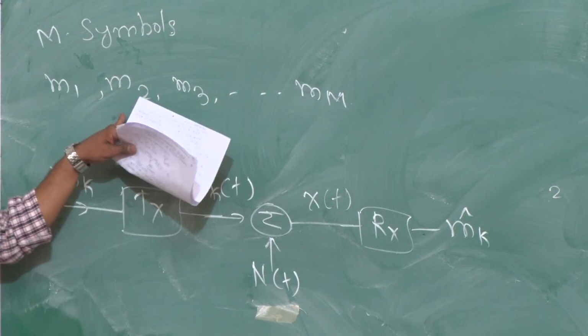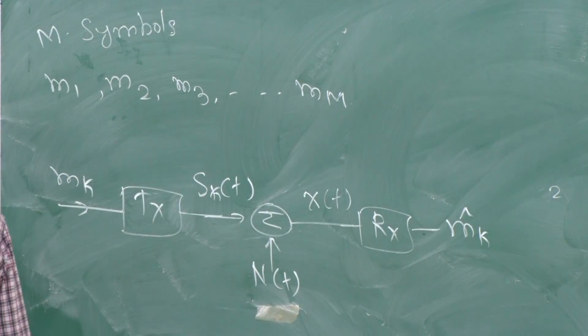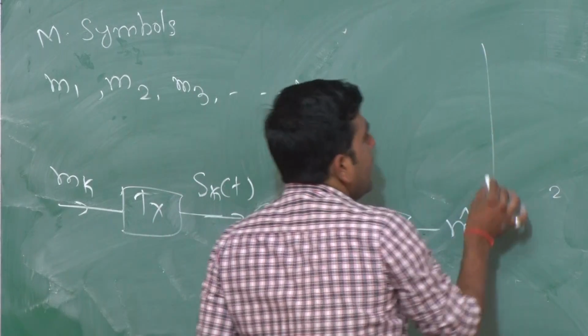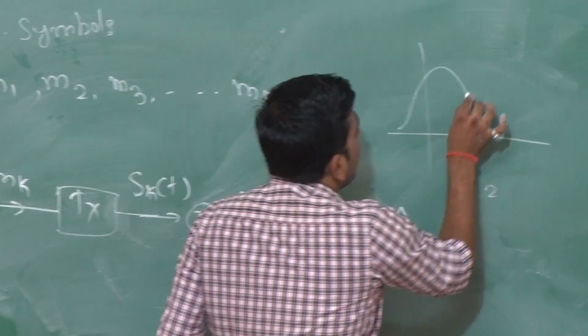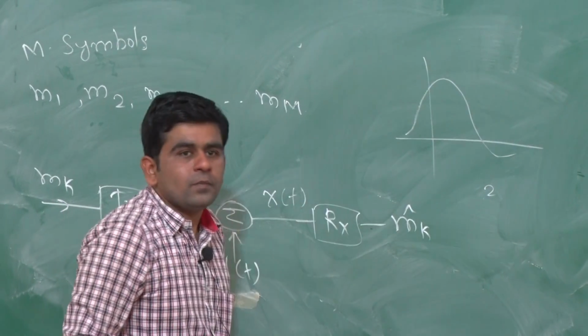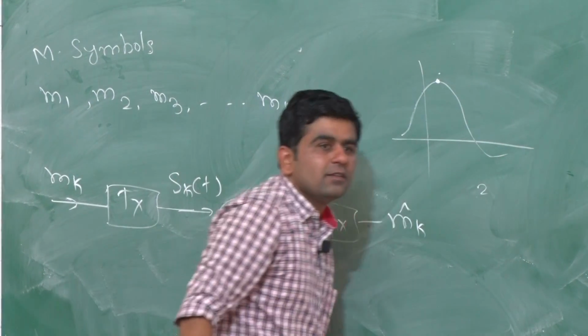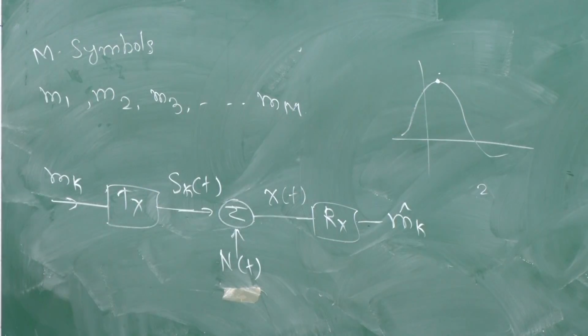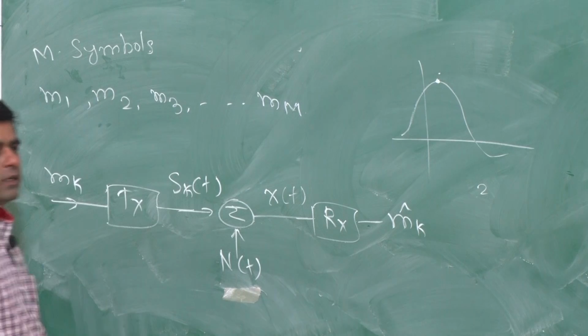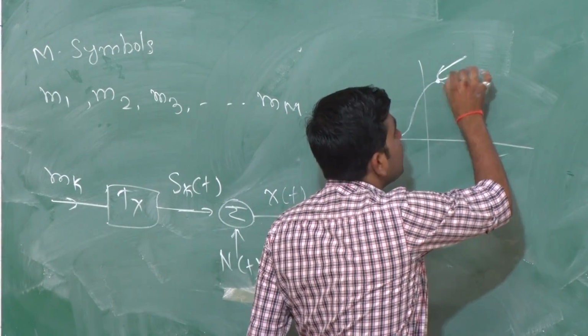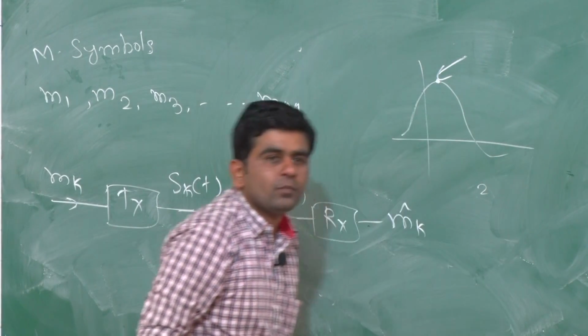Now here we have to transmit these M symbols. These symbols are, when we consider any continuous signal, represented by sampling and quantizing it, and we have to transmit these symbols through the communication system.